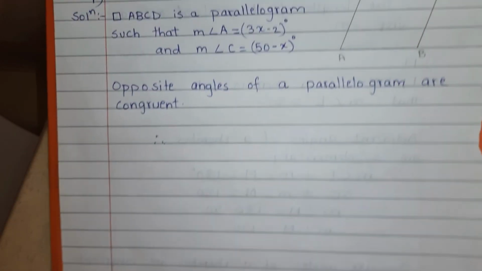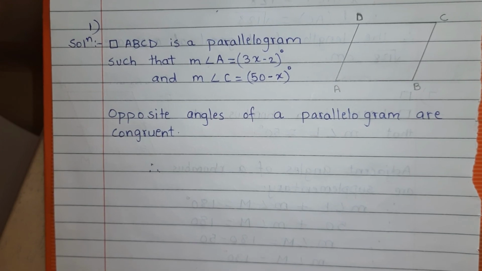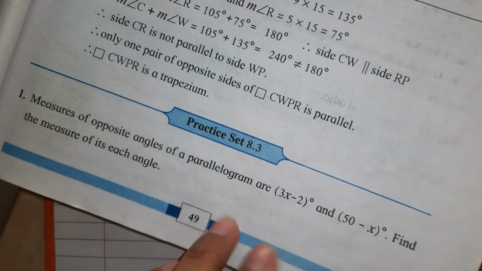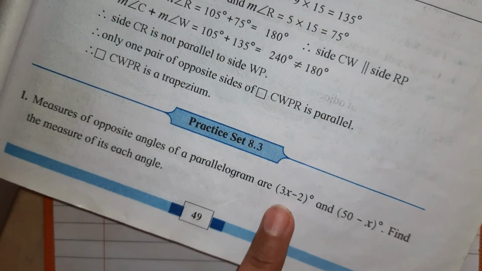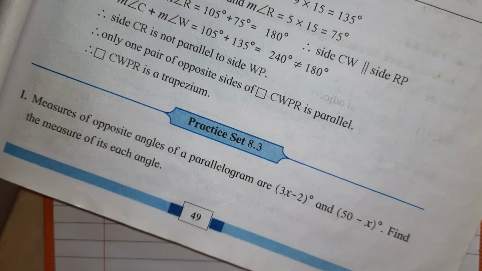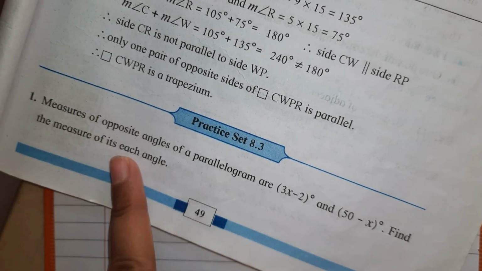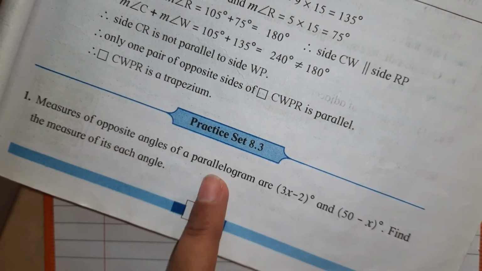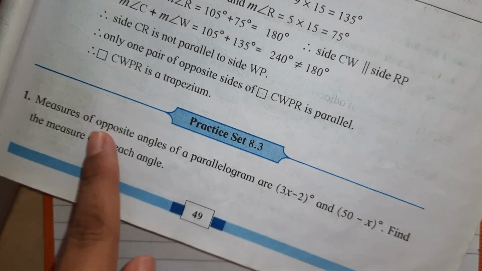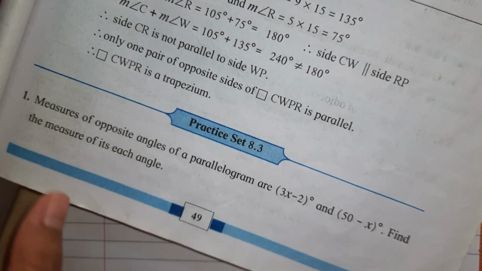First one. The measures of opposite angles of a parallelogram are 3x minus 2 degrees and 50 minus x degrees. Find the measure of each of its angles. We have to find the measure of all 4 angles of the parallelogram, and these two are the measures of opposite angles.